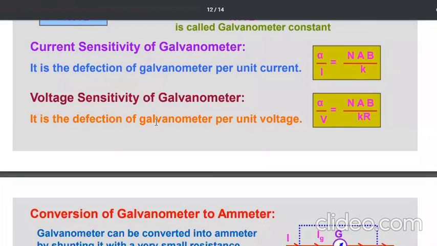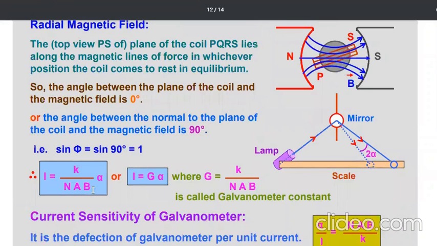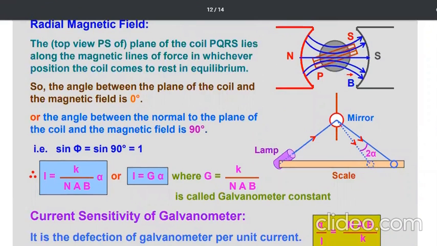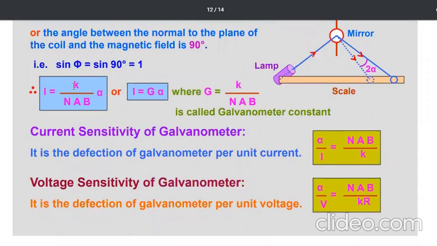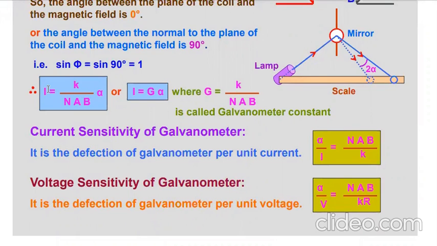Now we have to learn about voltage sensitivity. So in order to see this expression, if you multiply both sides by R, that is resistance, then I into R becomes V, and here KR. Both sides multiplied by R, resistance of the wire or coil.